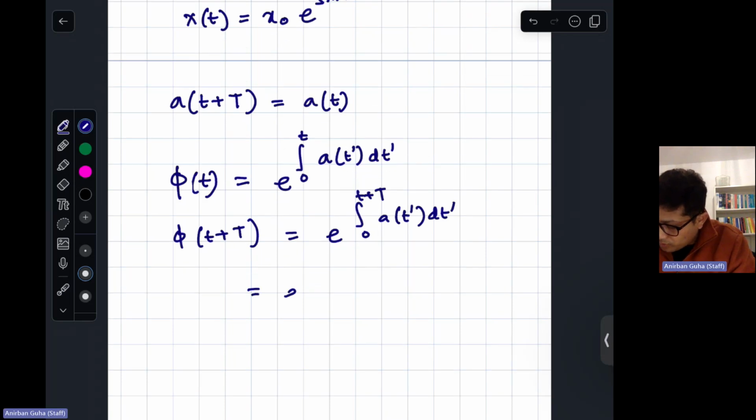So let's break it down into two parts. The integral from 0 to capital T of A of t prime dt prime, and the integral from capital T to t plus capital T of A of t prime dt prime. Sorry, my primes are becoming a bit longer.